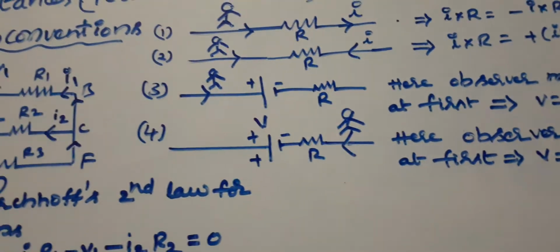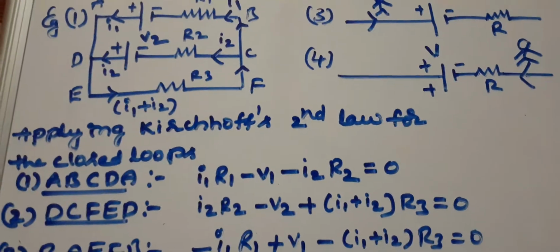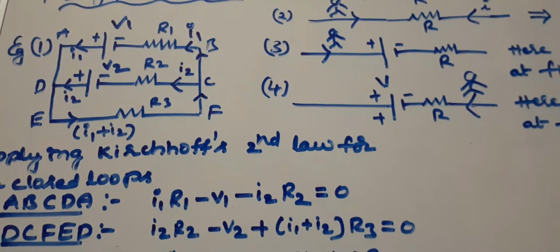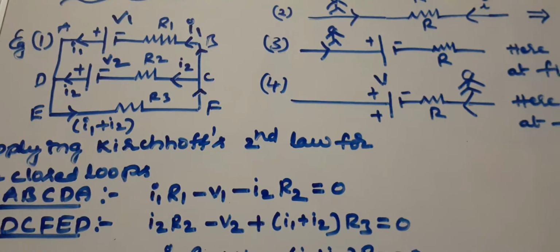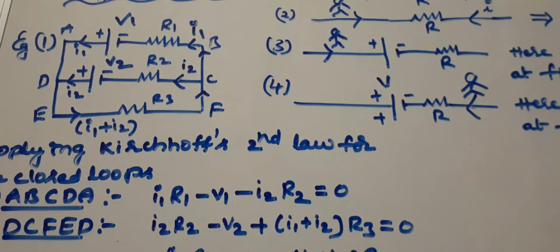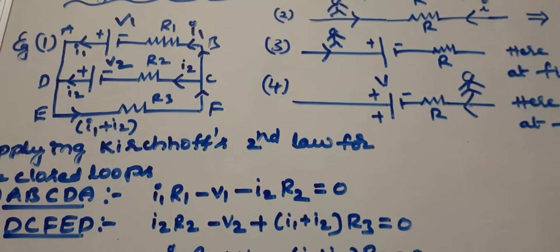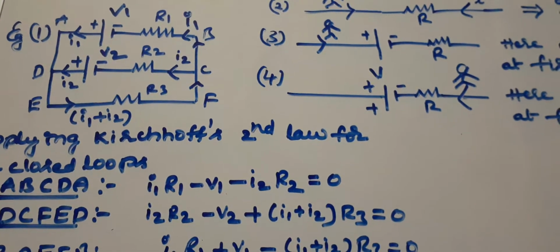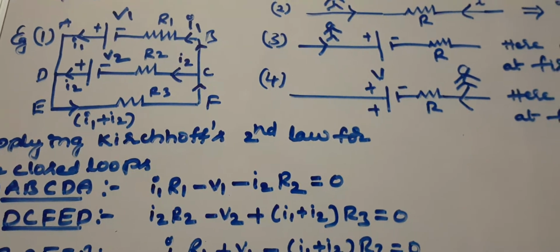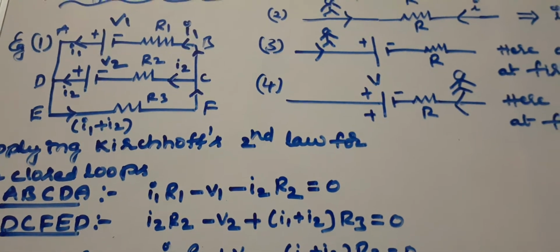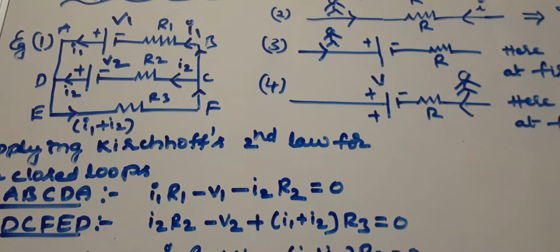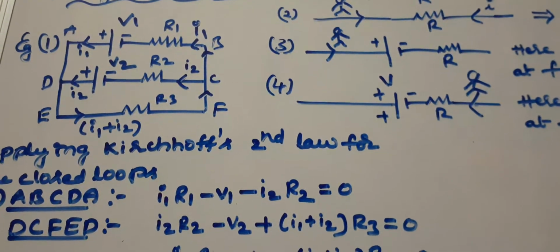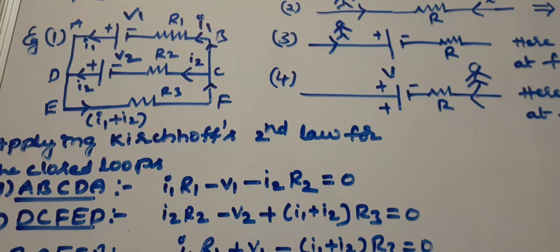As in figure 2, I into R is taken with positive sign, so plus I1 R1. But when the observer moves from A to B, he meets the positive electrode of the cell first, so minus V1 is taken. So two are noted: plus I1 R1 and minus V1.